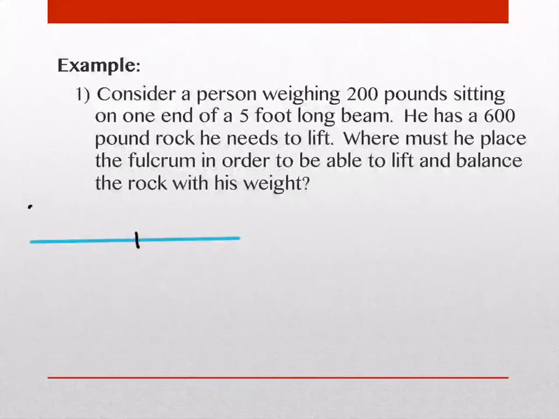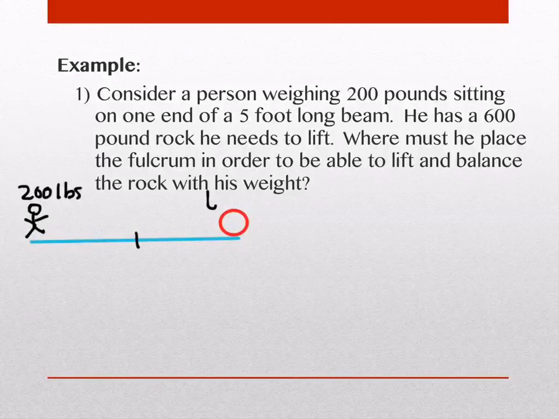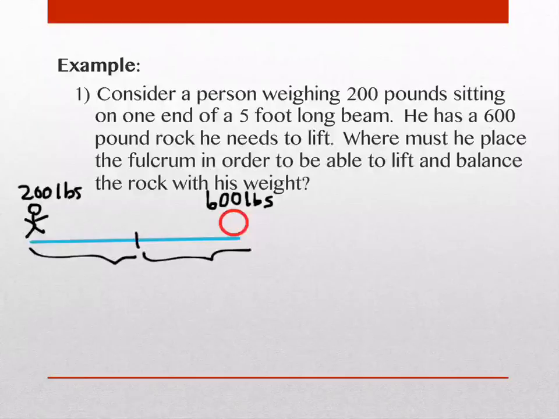We have our guy over here, and he's 200 pounds. And we have our rock over here, and our rock is 600 pounds. And our question is, where would this center point, I use the word center not because it's halfway, but because it's somewhere between them, this fulcrum, have to be in order to make this a balanced weight distribution?